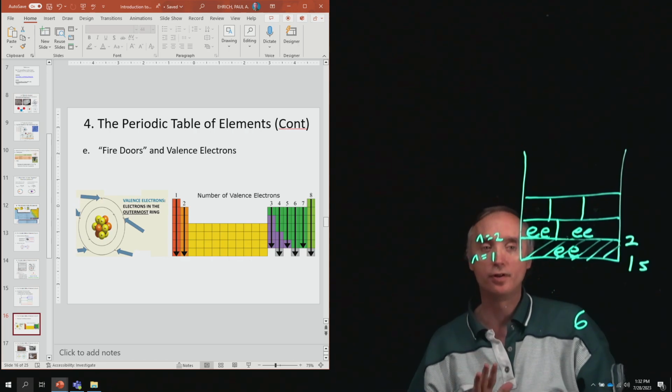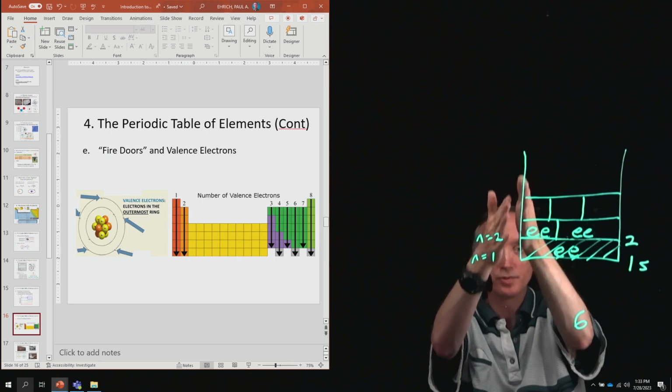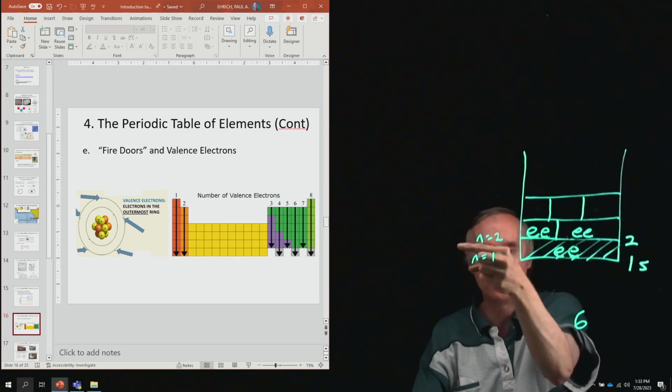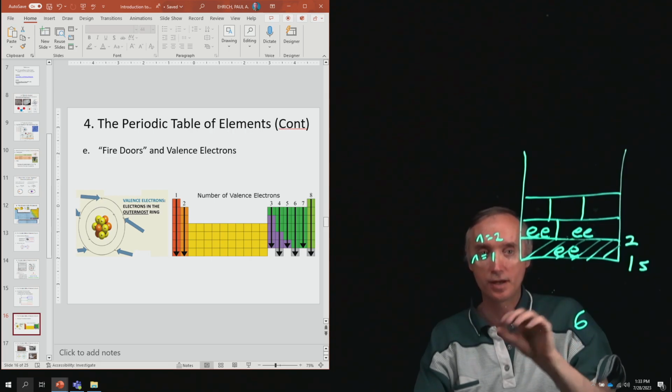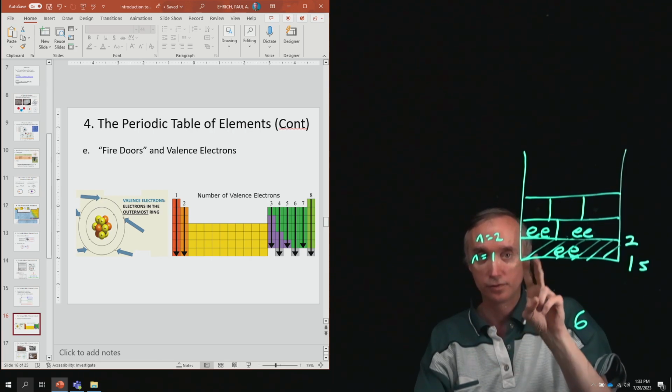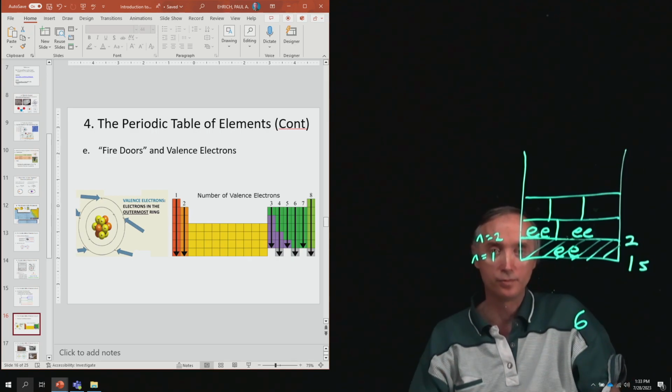Now, I do want you, though, to count the columns. So if you count the number of columns over on this side of the periodic table, how many do you get? The red and the orange, you put that together and you get 2. Okay, then count the yellow columns.